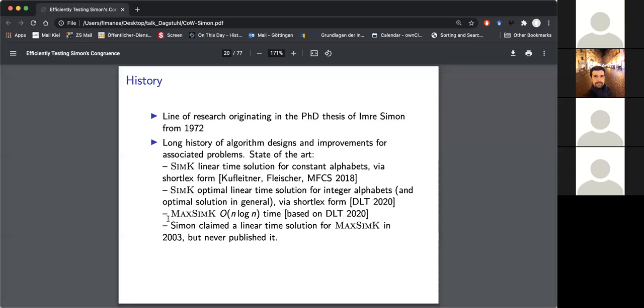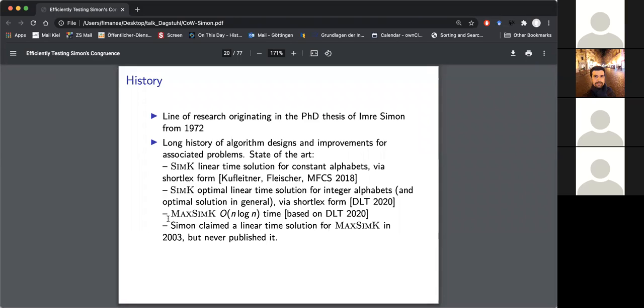I think that it might be that Simon had the good idea. It wouldn't surprise me, because I think his work is brilliant. So it wouldn't be surprising that he actually had a linear time solution for max SimK, but it was never published. And also, we were not able to extend his ideas from this paper from 2003 to obtain this solution ourselves.